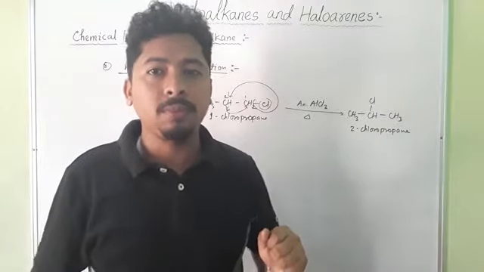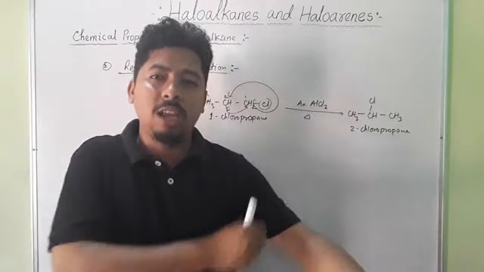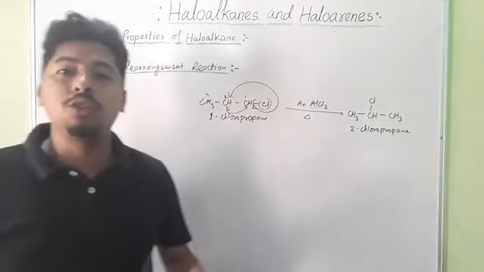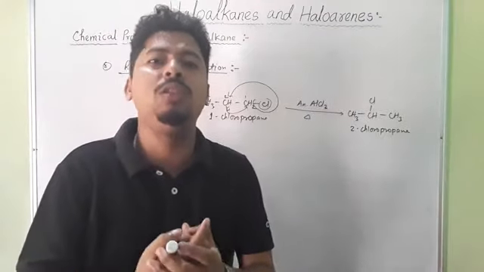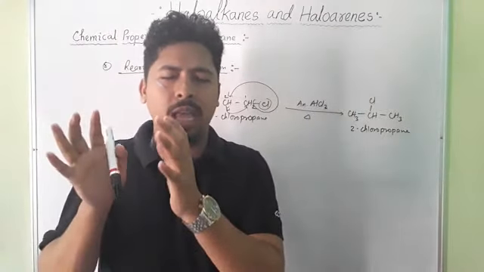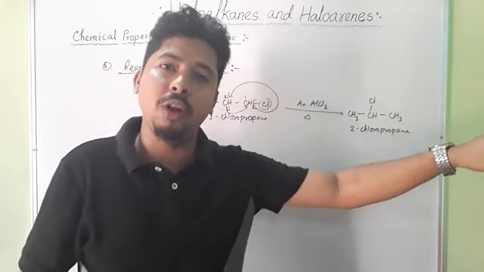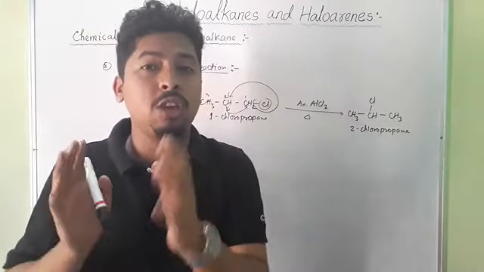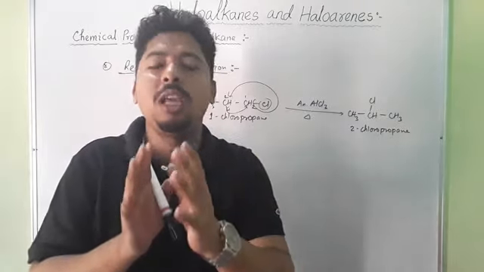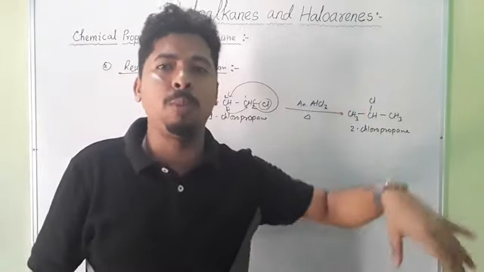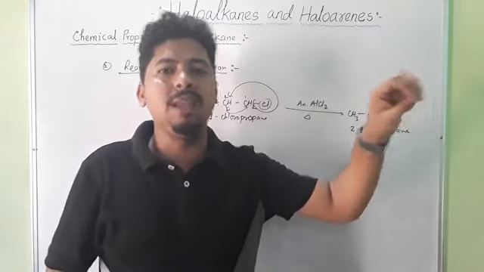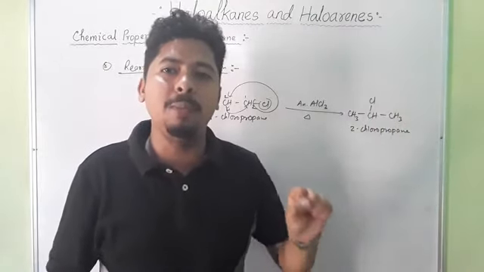That's why it forms the NC product, that is, alkyl isocyanide. After that we discussed the reaction with AgNO2, silver nitrite. These haloalkanes on reaction with silver nitrite give the corresponding nitroalkane. Then we discussed the reaction with ammonia. These haloalkanes on reaction with ammonia form a mixture of products, that is, primary, secondary, tertiary and quaternary ammonium salt.